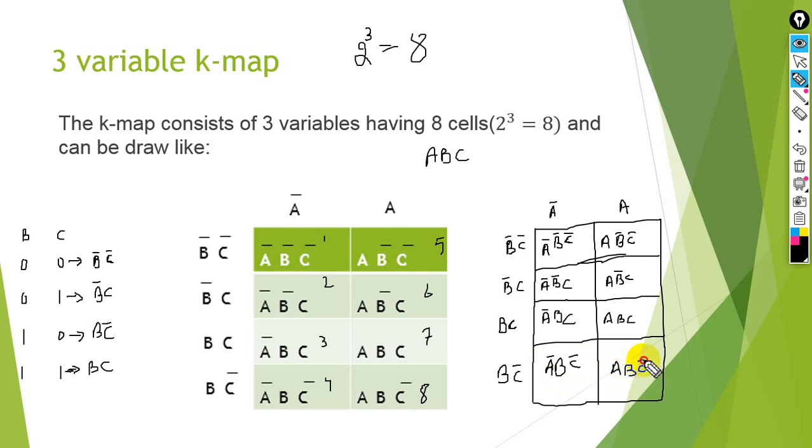So this is the Karnaugh map of two variable.